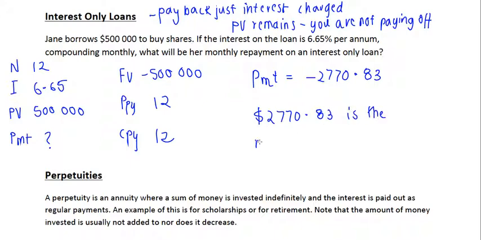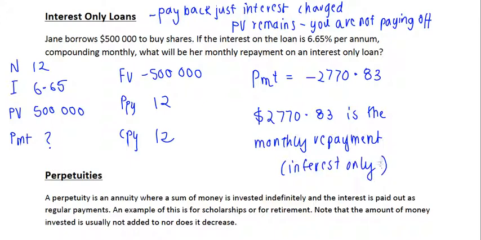So this is her monthly repayment, and that is just the interest that is charged. So over time, she will still owe that $500,000. So in a way, it's like she's renting the $500,000. This is sort of like a rental charge to use that money.